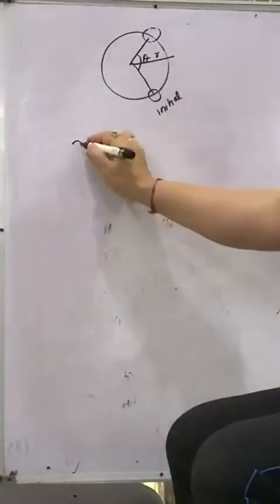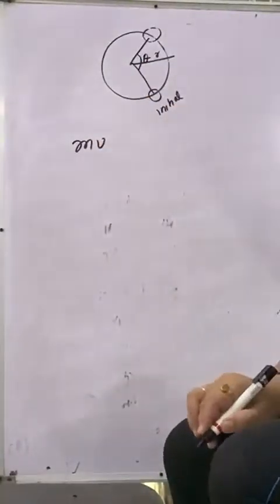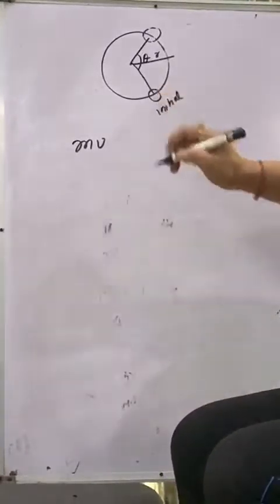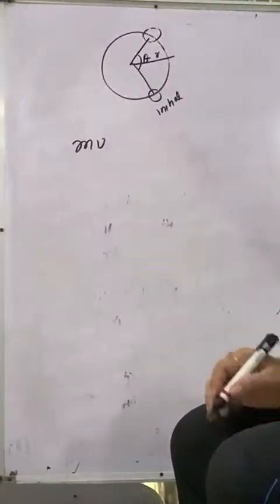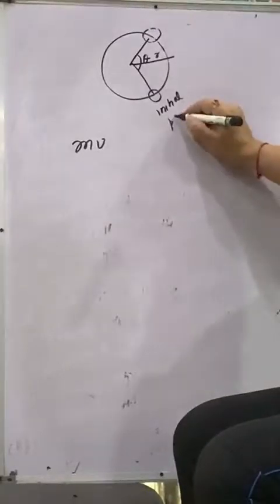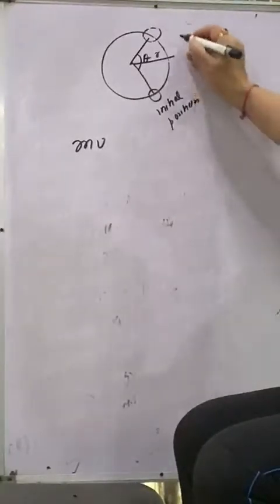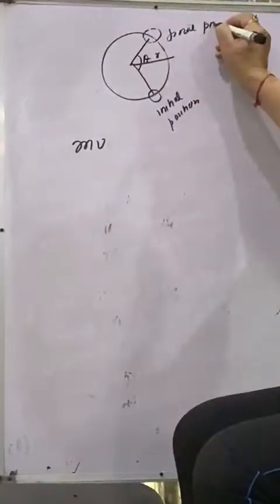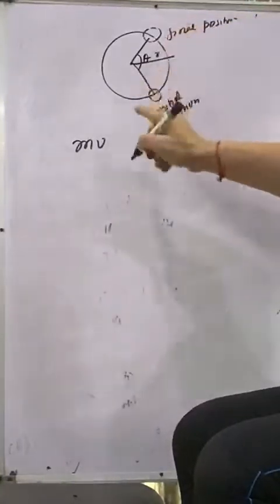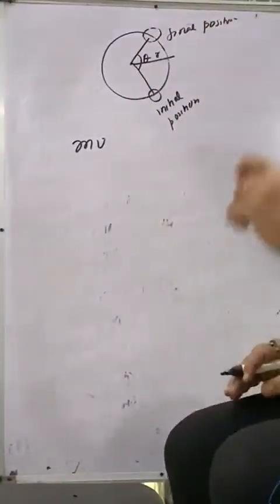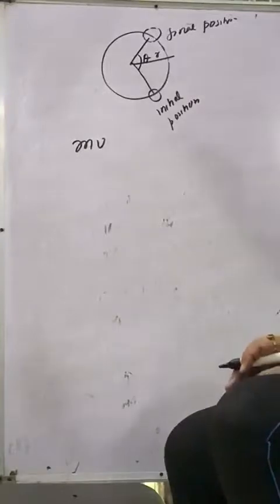That is why m into v, mass into velocity, matters, as the electron has a specific mass. The initial position is marked with bold lines, and the final position I am marking with dotted lines.